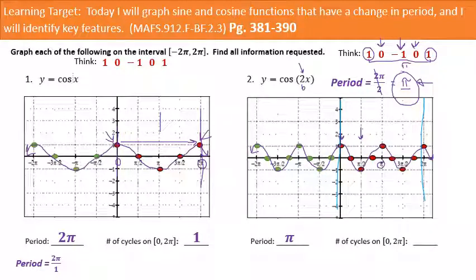So we're thinking, how many cycles are we going to see here? Well, let's follow the wave. We have 1 full cycle, two full cycles. So there's 2 full cycles between 0 and 2 pi.